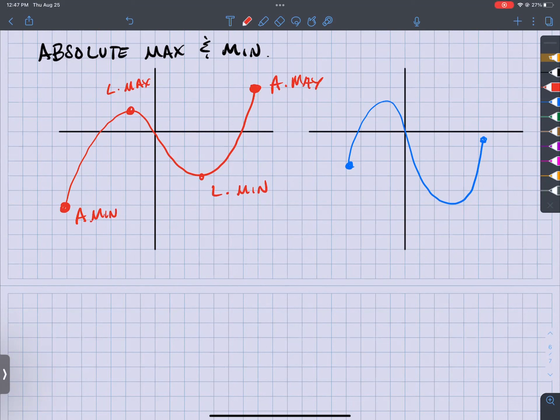See the difference there? In the blue, this point right here is my absolute max, and it's also my local max. This right here is my local min and also my absolute min.